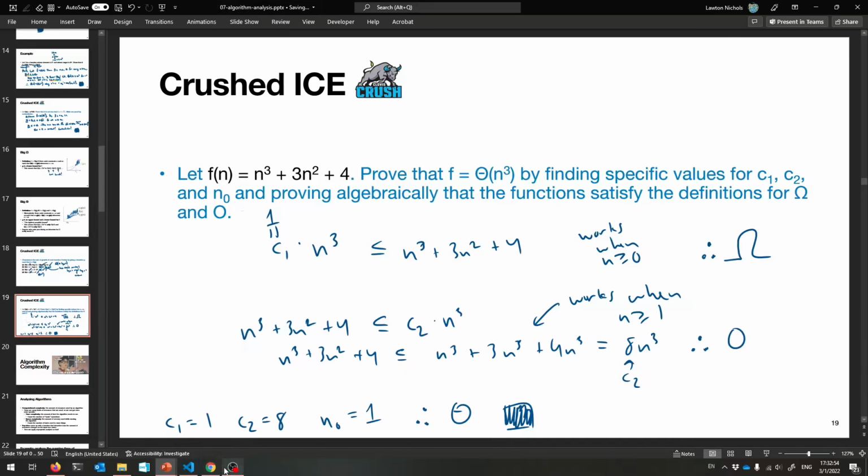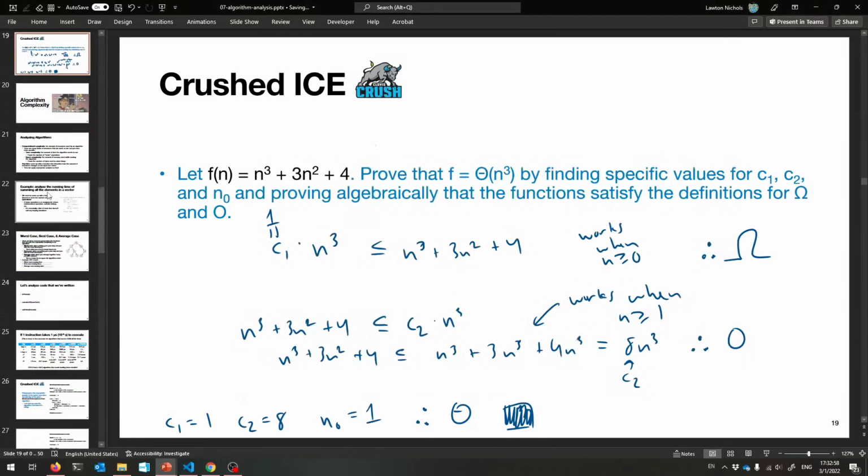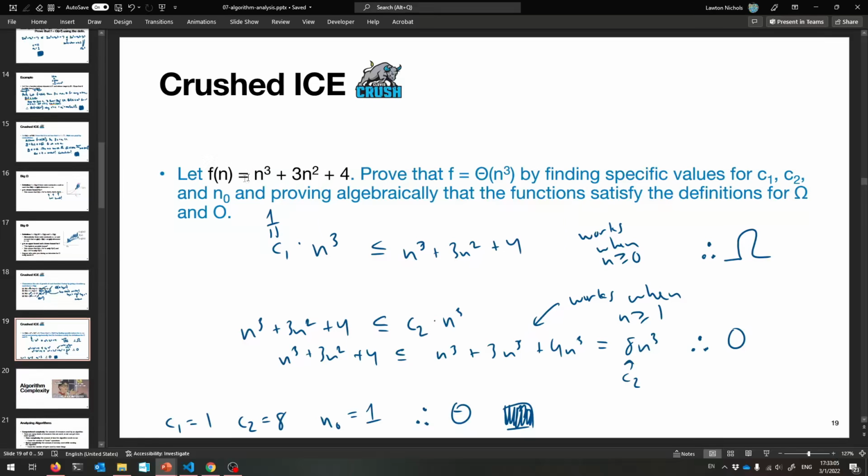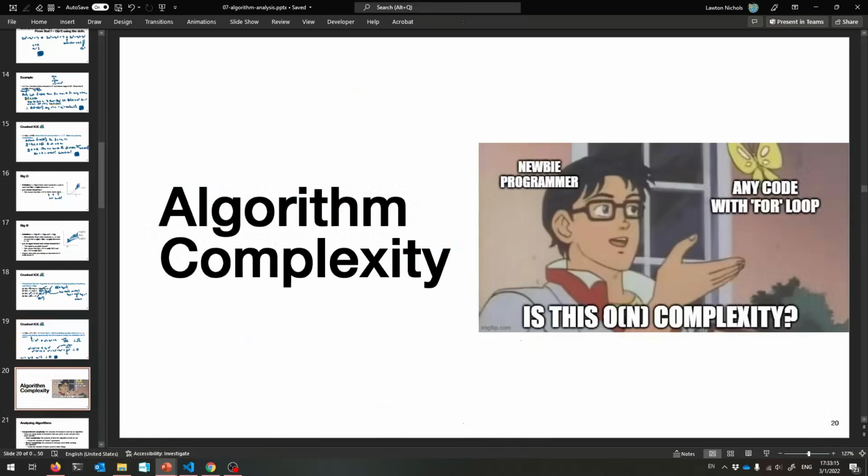All right? So let's take a look at our time. Yeah, we have a little bit to move on into algorithm complexity, because this was just function complexity. Like how do you come up with n cubed plus 3n squared plus 4 to represent an algorithm? We still need to go there, right? So let's actually go there and talk about the complexity of algorithms.